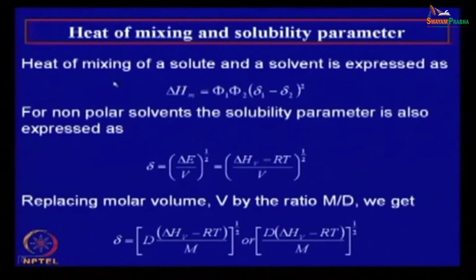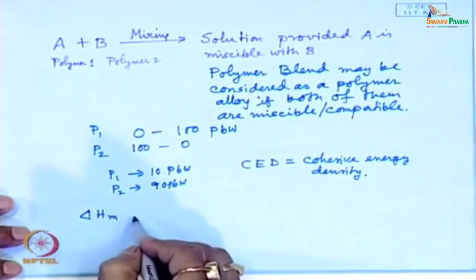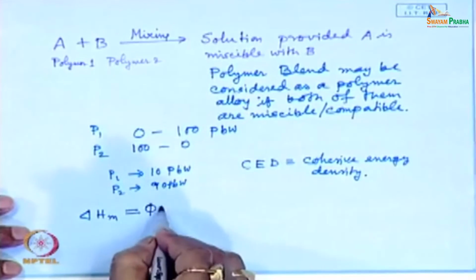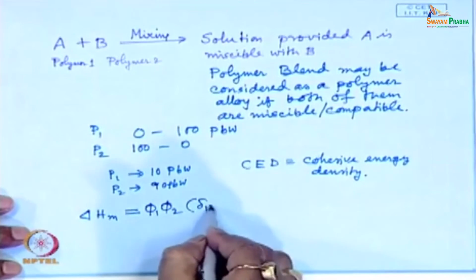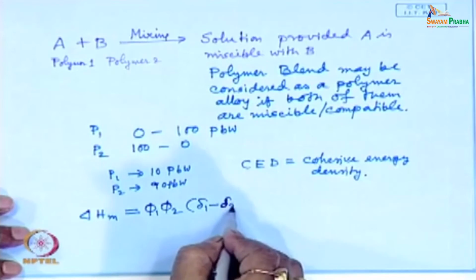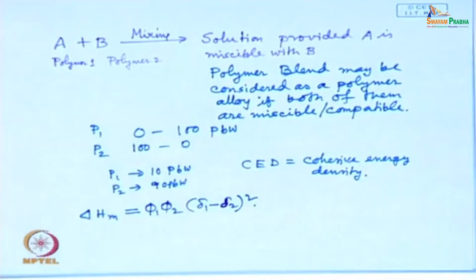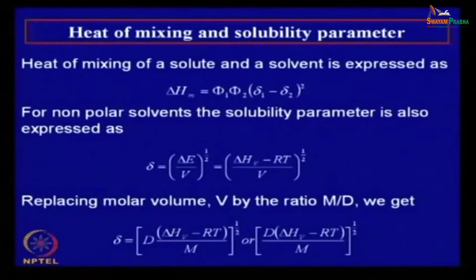Now, you see heat of mixing of a solute and a solvent is expressed by delta H m equal to phi 1 and phi 2, where phi 1 and phi 2 are the volume fractions of polymer 1 and polymer 2, or solute and the solvent.